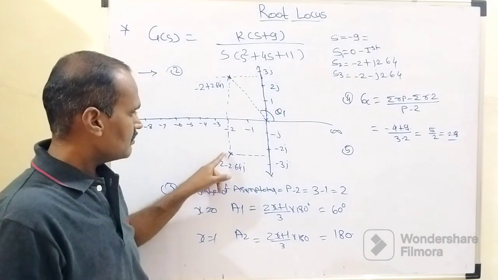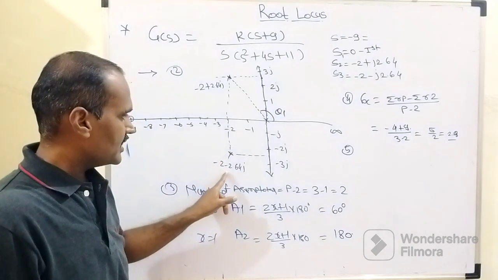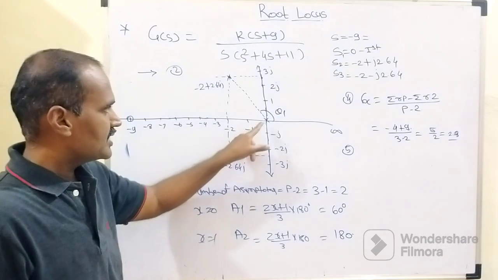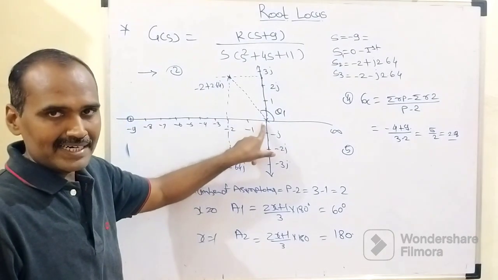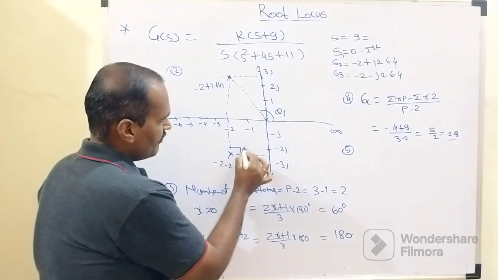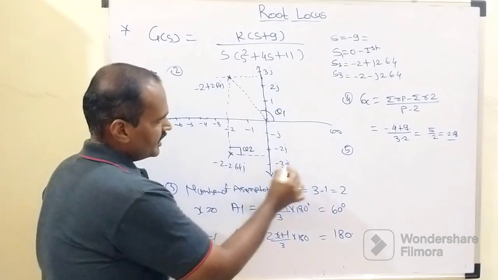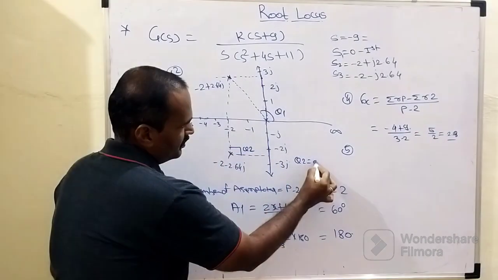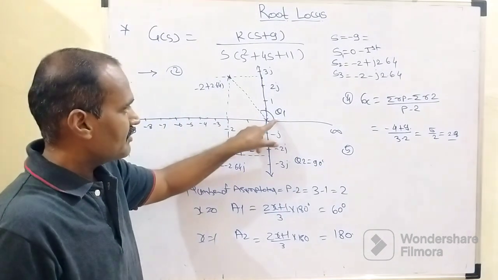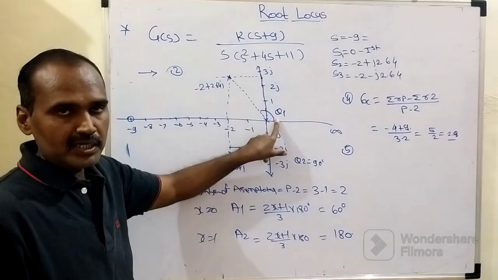Similarly, the other pole is present at -2 minus 2.64j. The angle made by this pole with respect to the pole at the origin, or with respect to the real axis, is phi 2, right? Here we can say clearly that phi 2 is exactly equal to 90 degrees. Now what about this phi 1? How to get this phi 1, right?